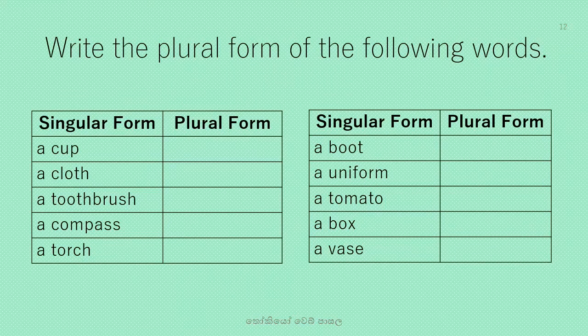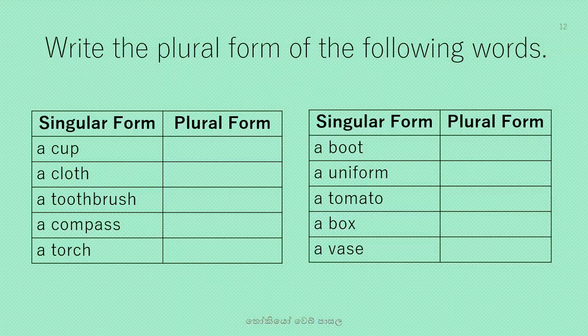I will give you 3 minutes. Please complete these tables and try to find the words which come for the plural form. And also, when you are doing this, try to recall the different techniques or classifications we discussed.